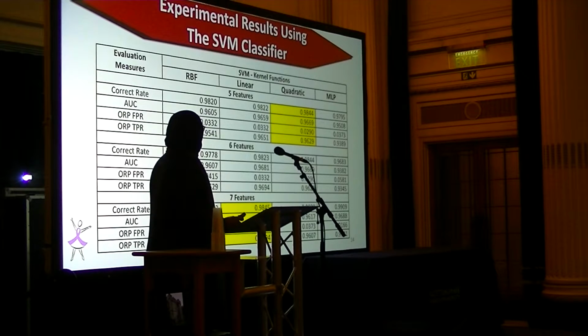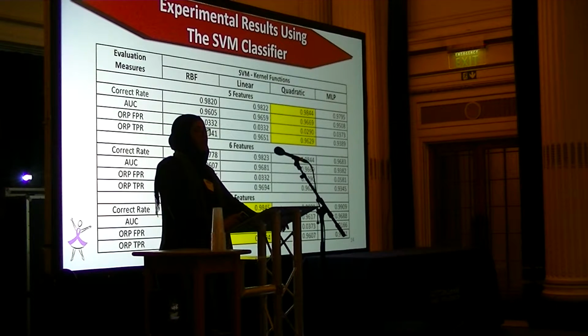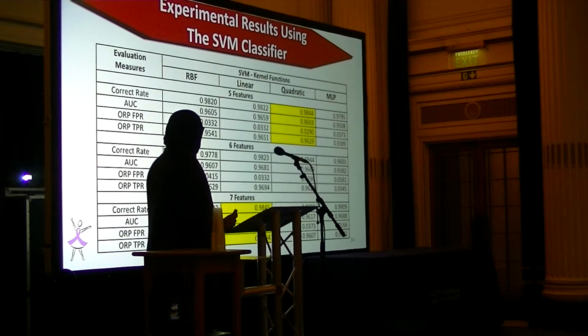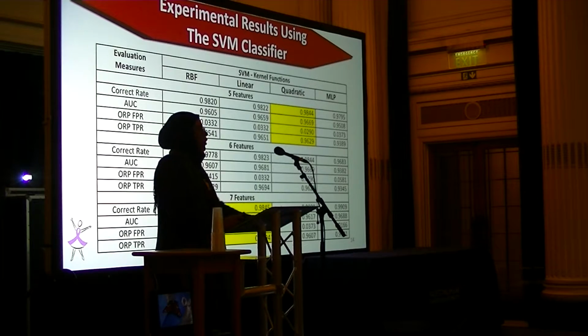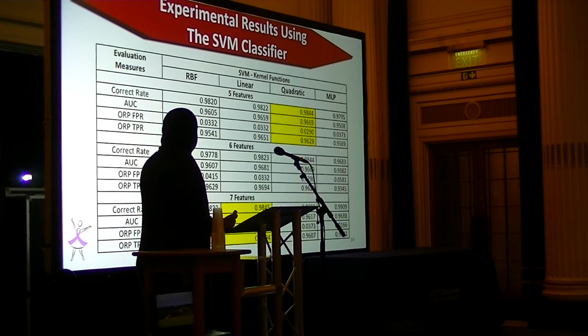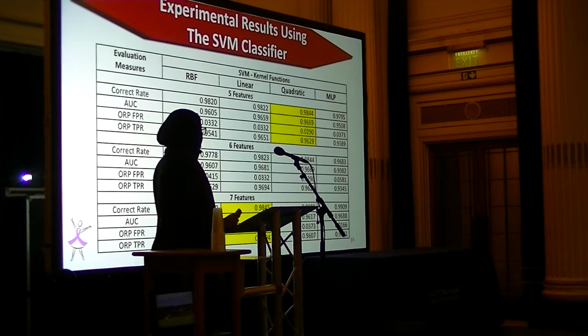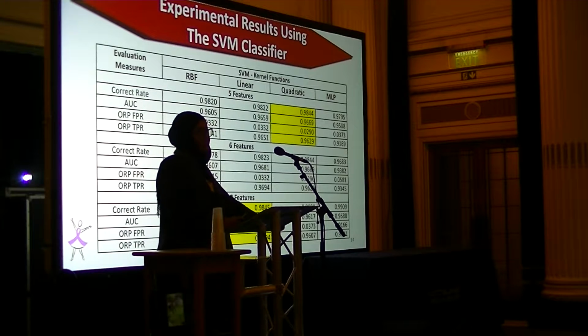The support vector machine classifier was created using 4 kernel functions: radial basis functions, linear, quadratic, and multi-layer perceptron. We use 4 evaluation measures to evaluate the performance of the proposed method: correct rates, area under the curve, false positive rates, and true positive rates.